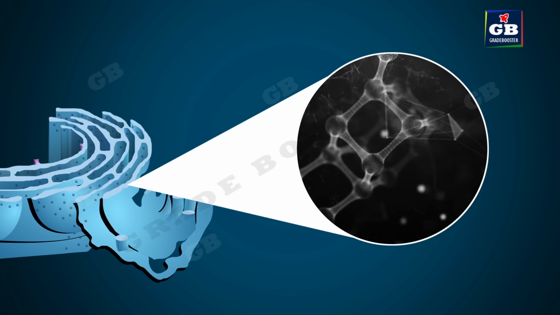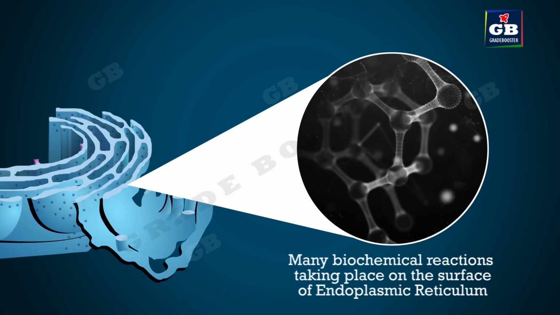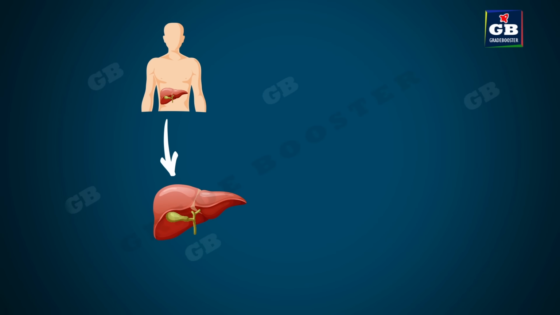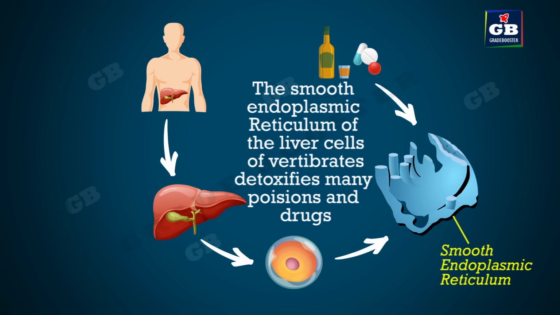It provides surface for many important biochemical reactions to take place. 3. In vertebrates, smooth endoplasmic reticulum plays an important role in detoxifying the toxins and drugs. So these are the structural features and functions of endoplasmic reticulum.